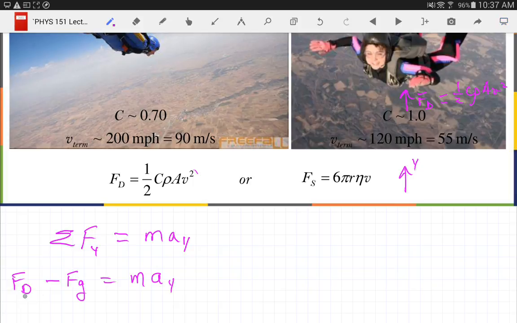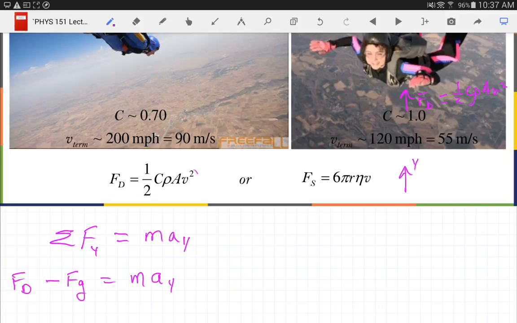But the faster she goes, the bigger this drag force upward is. And so if the drag force gets bigger, her net force gets smaller, her acceleration gets smaller, until she reaches a speed where the drag force is equal to the force of gravity and acceleration is 0. If the acceleration is 0, how's the speed going to change? Very trivial question. It does not change.